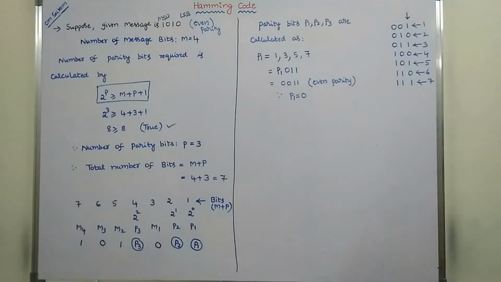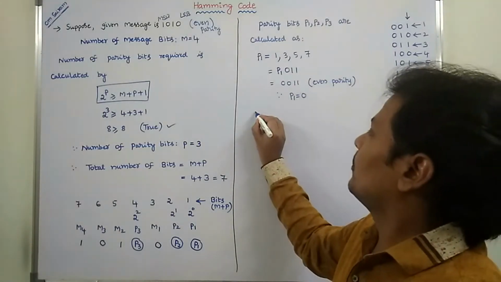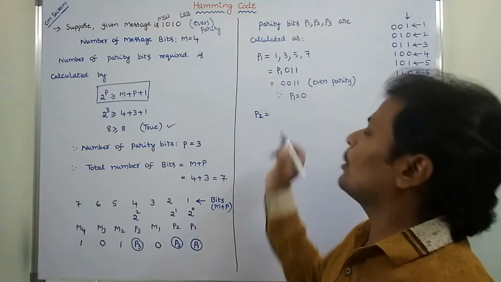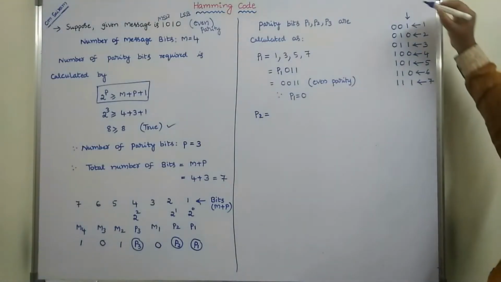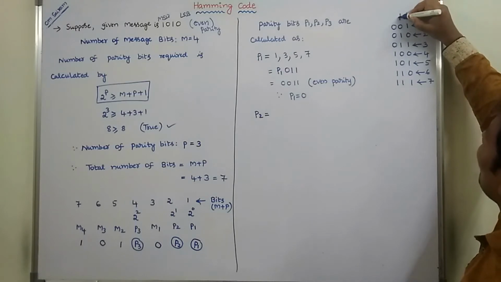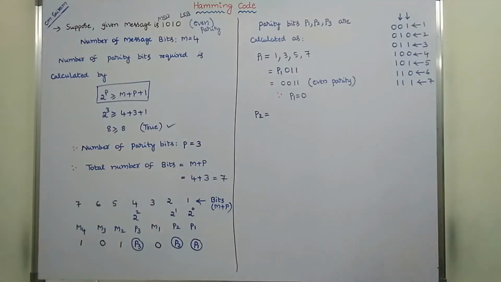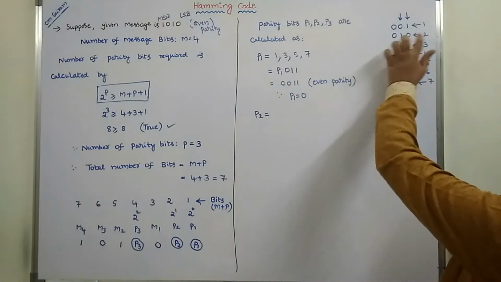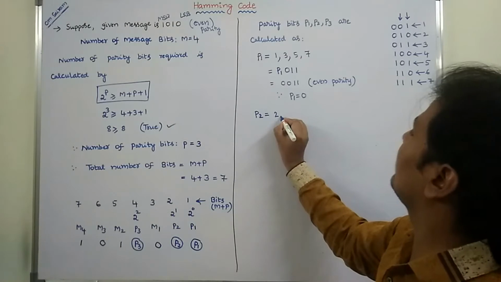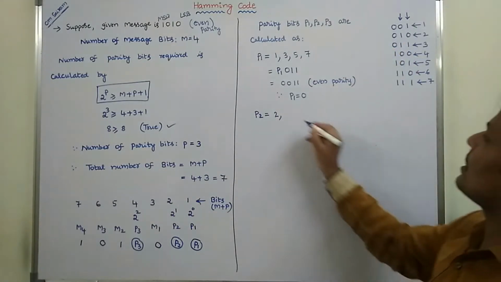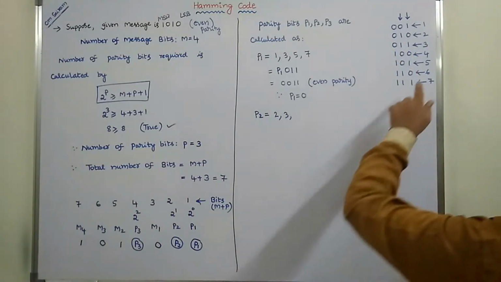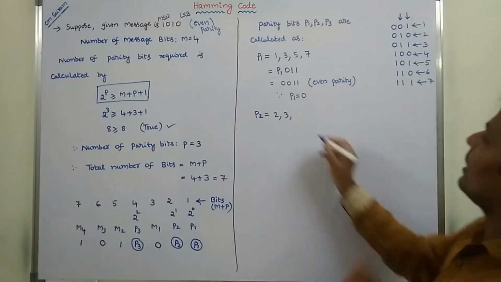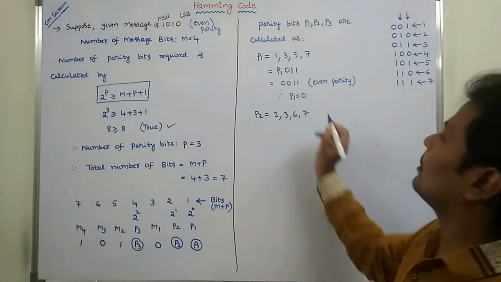Okay. So now calculating P2. So P2 is equal to, now consider the next column after the LSB column. Next we have to consider this column where the ones are there. The one is there at the second position, next third position, next sixth position and seventh position.